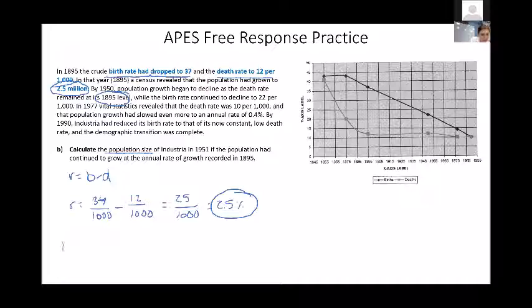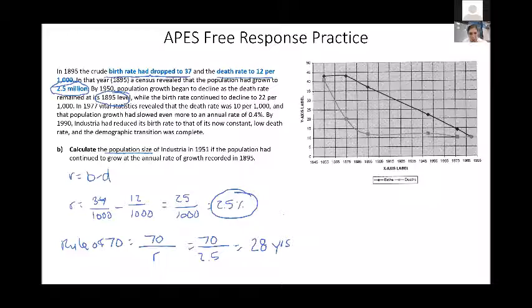Let's remember what the rule of 70 is. That's 70 divided by the rate. Well, I did calculate my rate. So let's see what doubling time is. 70 divided by 2.5 gives me 28 years. So if this population stays at a growth rate of 2.5, it will double every 28 years.